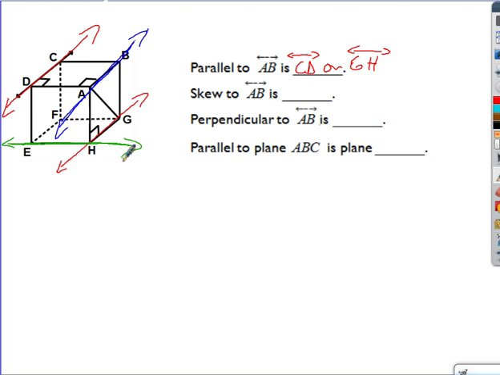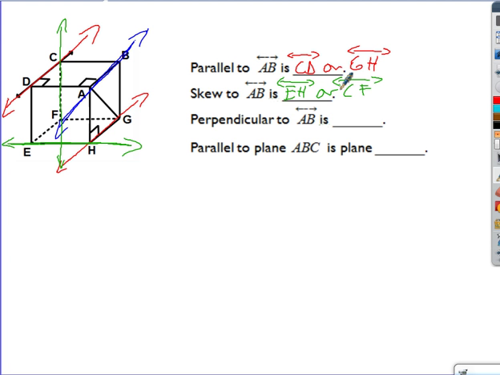They're on different planes, so that is a skew line to AB. And we can keep looking, and we will also find, for example, the line back here, CF. CF is also a skew line to AB.